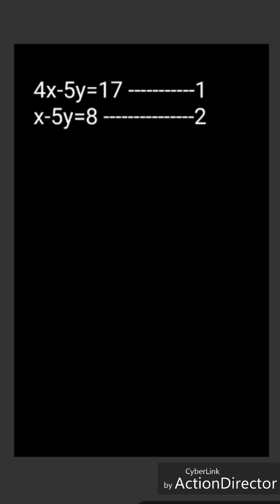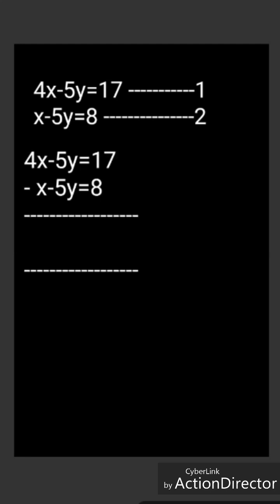Now to solve it, you have to firstly put the equations into each other. What I mean by this is kind of subtract them. First of all, you're going to have to set it out like this. So you would have a type of subtracting equation, such as 4x take away 5y equals 17, take away x minus 5y equals 8.